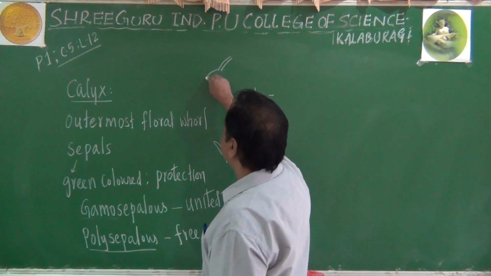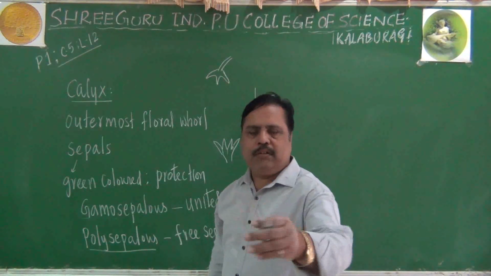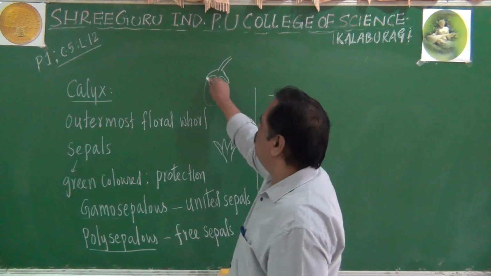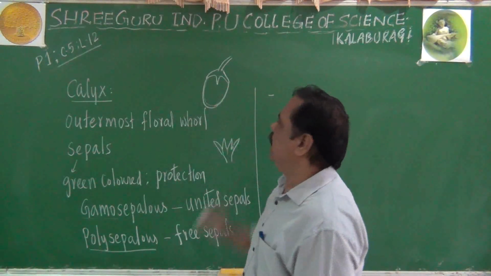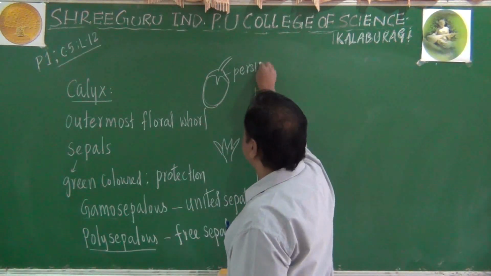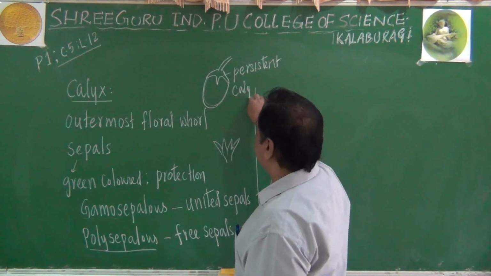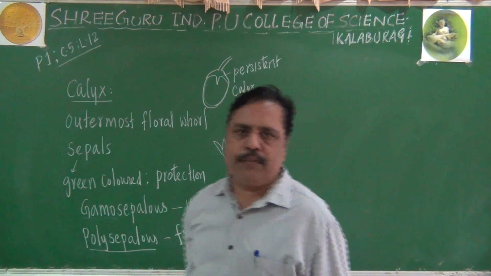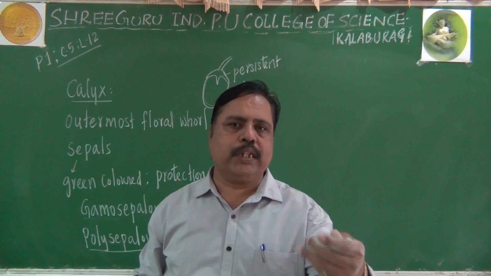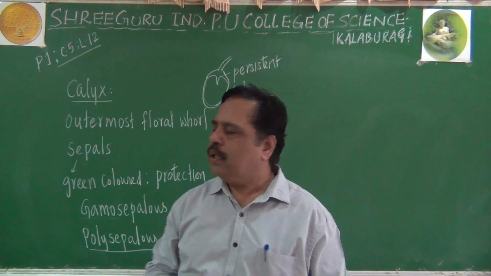In brinjal, the sepals are like this. They will be persistent, present throughout the lifetime, even after the fruit is used or eaten. This is called persistent calyx. Persistent calyx refers to the sepals which do not fall down, which do not wither off.